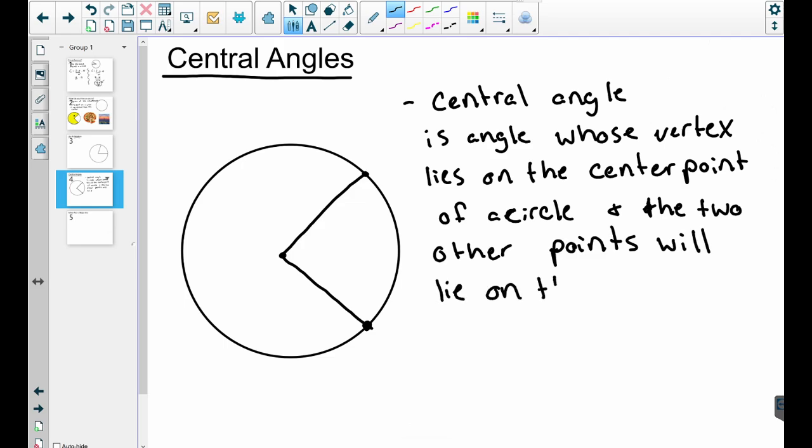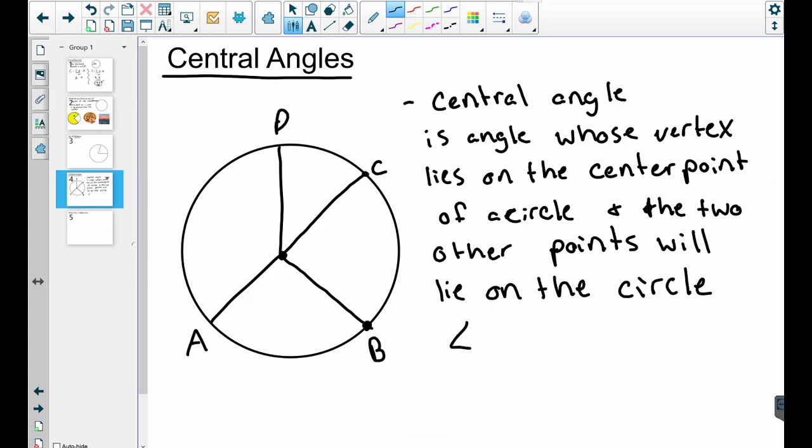Now, this is a long definition, but I think it gets the point across rather well. So the central angle of any circle is an angle where you have a point right in the center. That's going to be the vertex. And then no matter how many lines you create off this, we'll call this one A, this one B, this one C, this one D. We'll call the center point X. One central angle could be DXC.